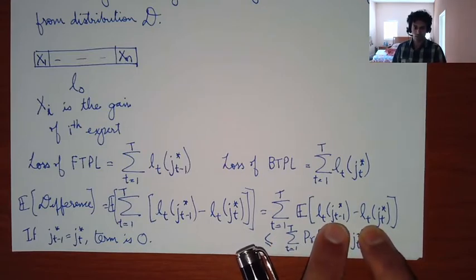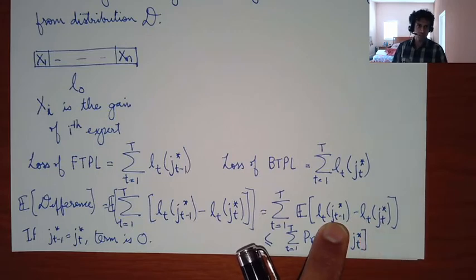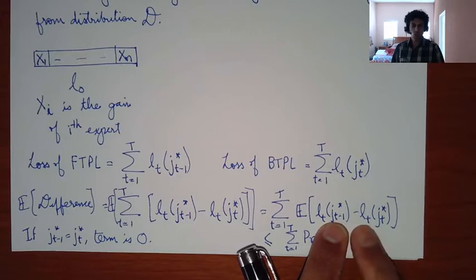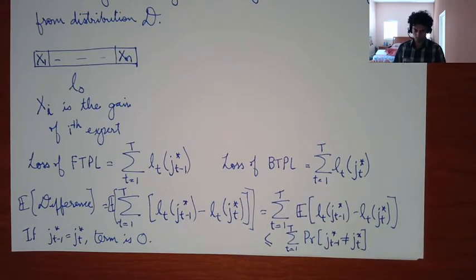If J_{t-1}^* was equal to J_t^*, then this term is 0. If Follow-The-Perturbed-Leader predicted at time t what it predicted at time t minus 1, then there's no difference here. The difference only appears if there was a switch in the experts.